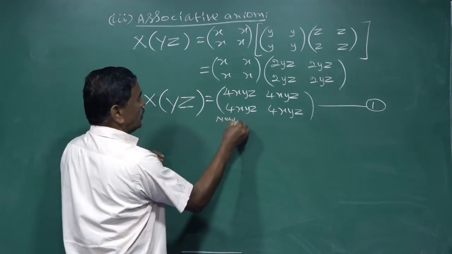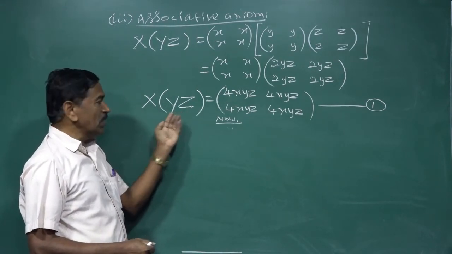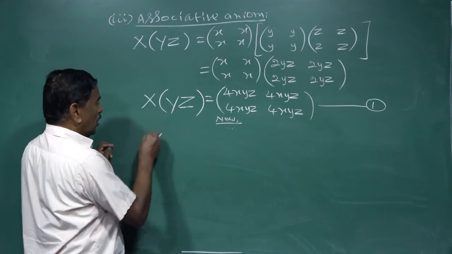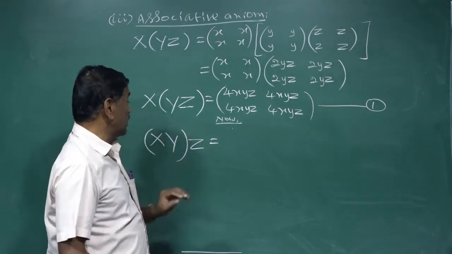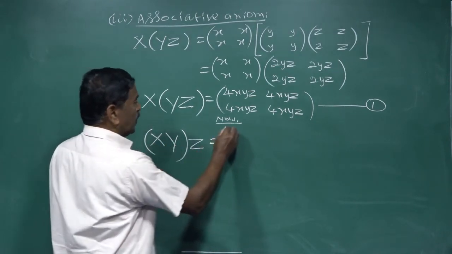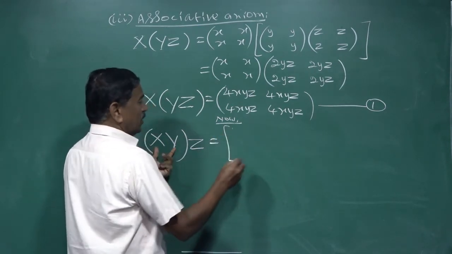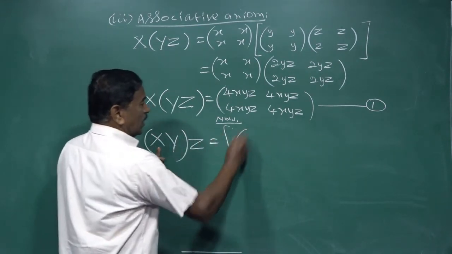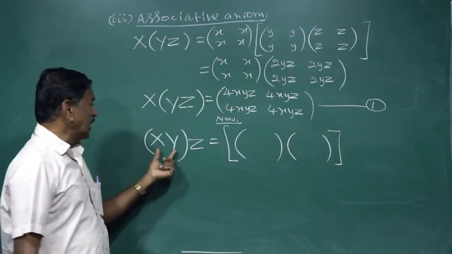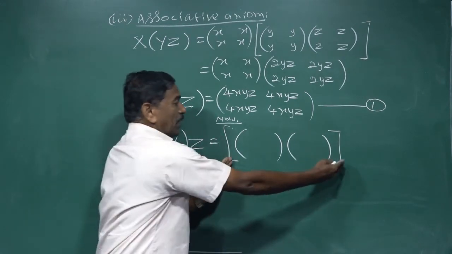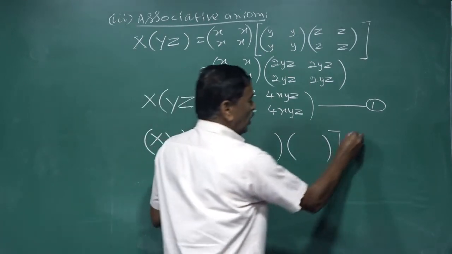Now, here the last two were in the bracket. Now we want to write the first two in the bracket. Now xy into z is equal to... First complete the bracket answer. Here for xy there is a bracket, so open square bracket: x matrix into y matrix, complete the bracket, and z is outside, so into z.